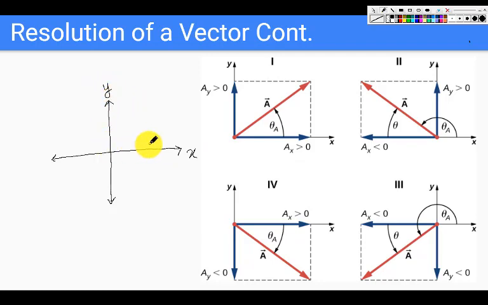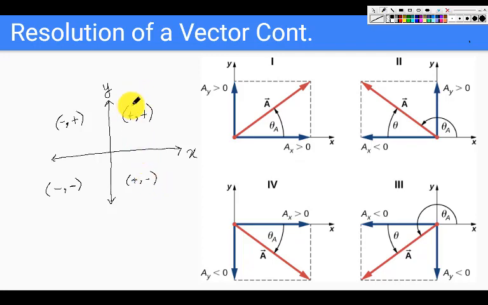In this part of the graph, x is positive and y is also positive. In this part of the graph, x is negative but y is positive. Here both of them are negative, and here y is negative but x is positive.